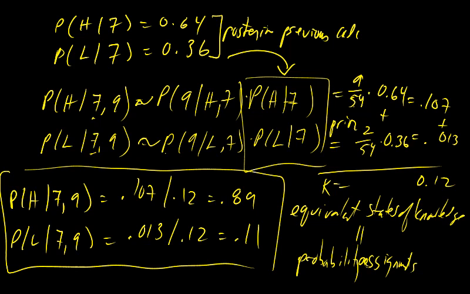So that is a key point. If you collect the data all at once, 7 and 9, and we update our beliefs, we get the same as if we updated iteratively, drawing the 7 and then updating, and then drawing the 9 and updating. And they give you equivalent results.